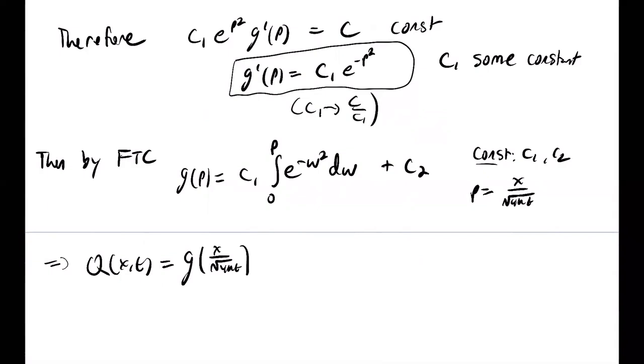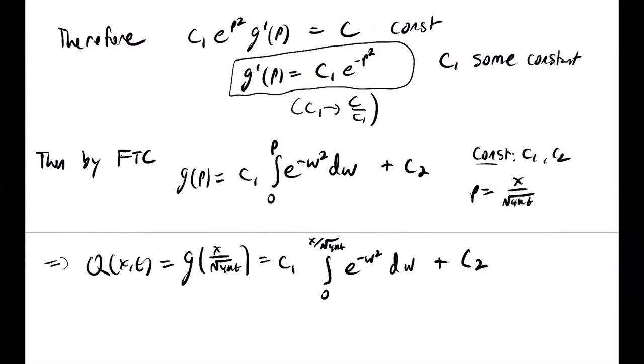If I plug this in for p, I get the integral from 0 to x divided by the square root of 4kt of e to the minus w squared dw plus some other constant c2.